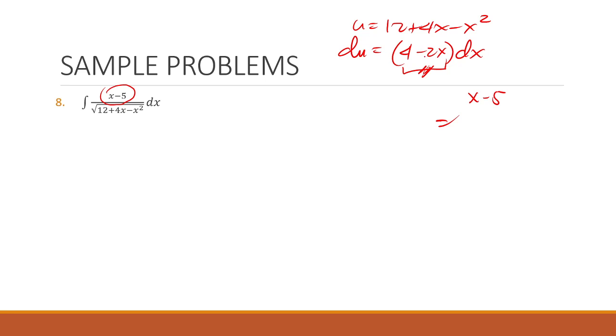First, this negative, we need to achieve this negative x first, then the 2. So, to do that, we can factor out negative 1 to become negative quantity of 5 minus x. So, the negative is okay, we just lack the 2. So we can multiply 2 over 2.